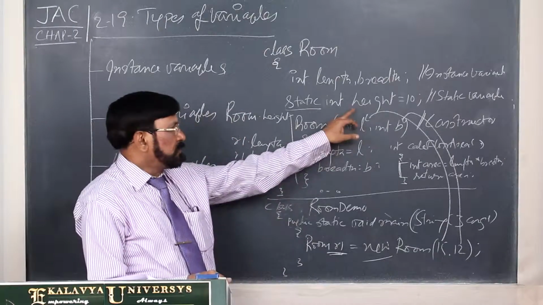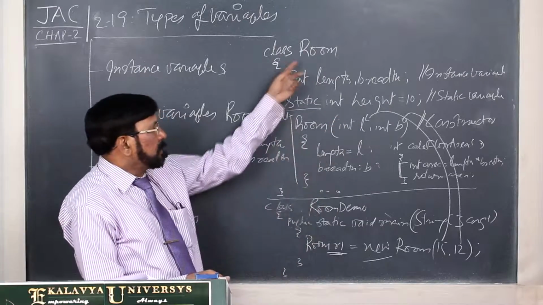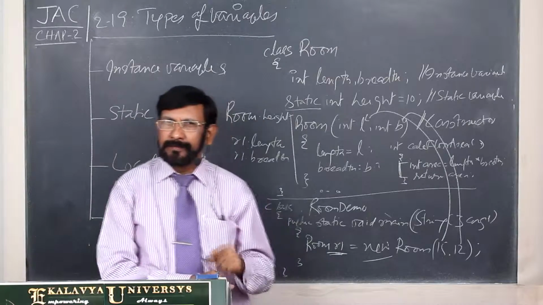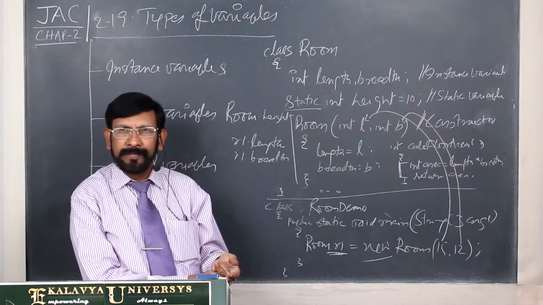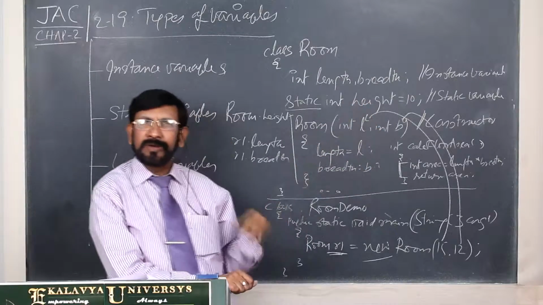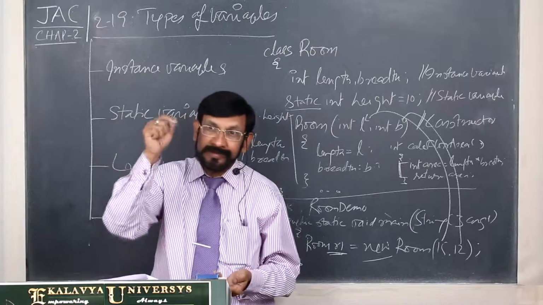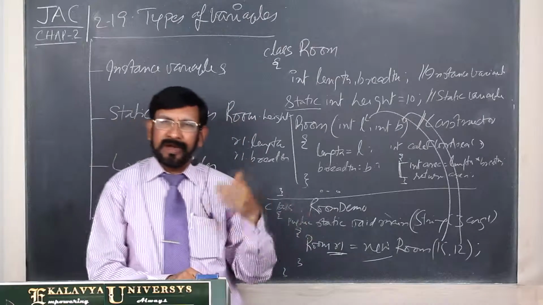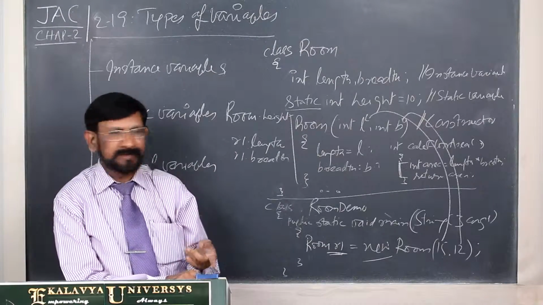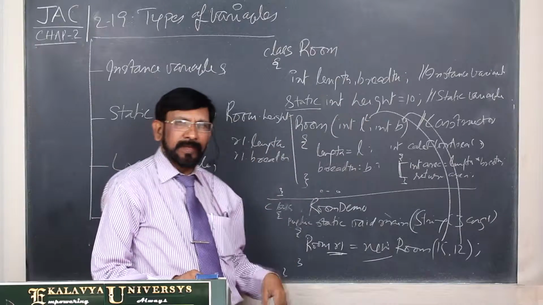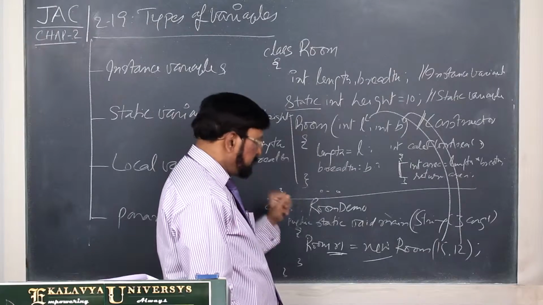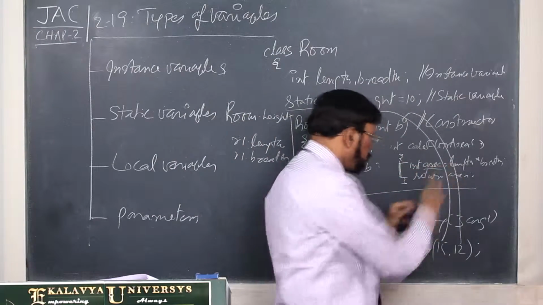And static variable: it is born whenever the class is loaded, that means the class is created. This is a class oriented variable, it gets life then. When the class dies, whenever our program terminates, the class dies, then it dies. What about the local variable? In this case, area is the local variable.